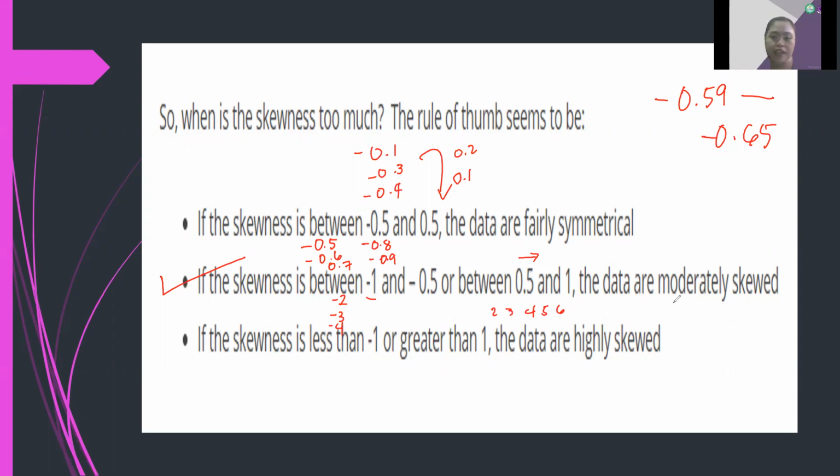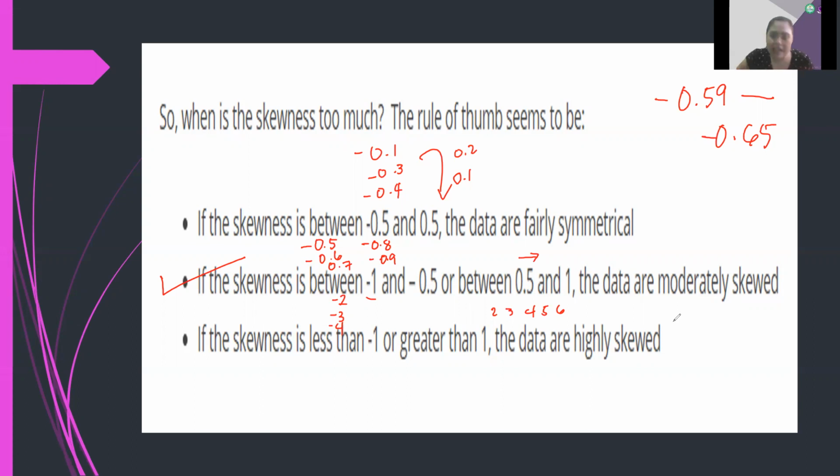The data, our data is like moderately skewed. So this is still applicable or acceptable for a normal distribution. Kasi though it's not really a perfect curve, pero at least hindi naman grabe yung skewness niya na nag-move talaga either to the right or to the left yung distribution of the data.